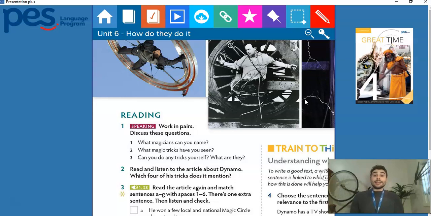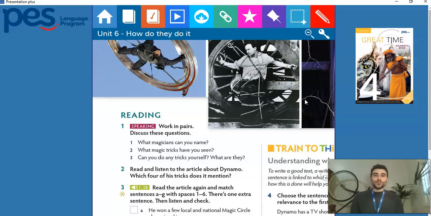Okay? Now, in the second question we have, what magic tricks have you seen? Have you ever seen magic tricks? How fond are you of magic tricks? I get really startled sometimes when people start doing magic tricks, because it's like, how do they do that? I get really impressed with magic. Okay? And finally, number 3, can you do any tricks yourself?